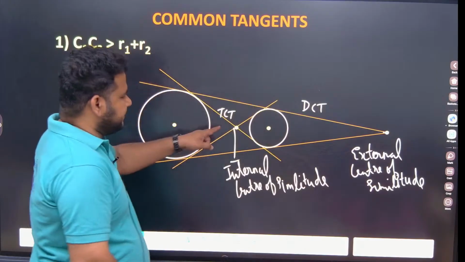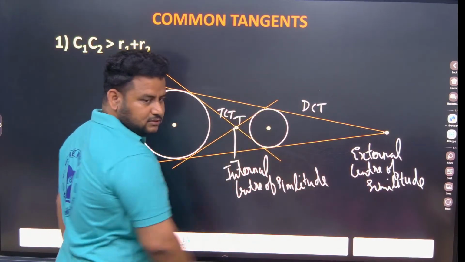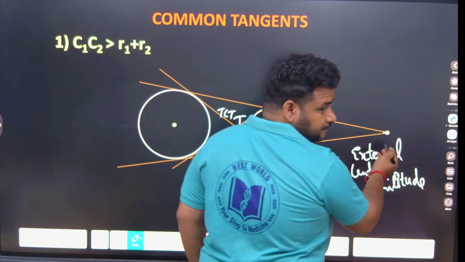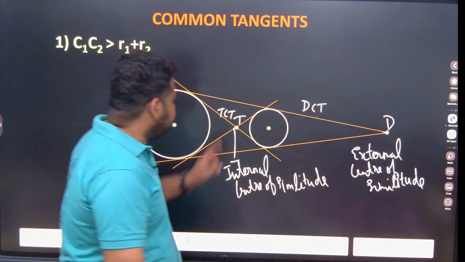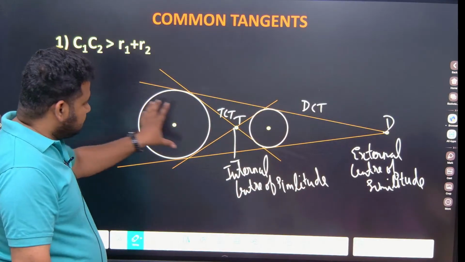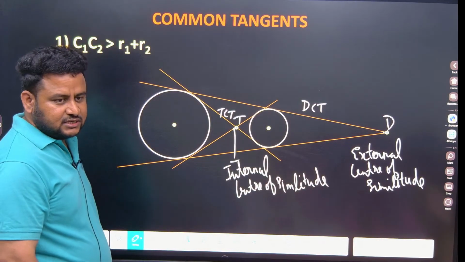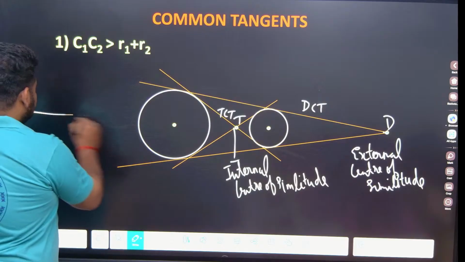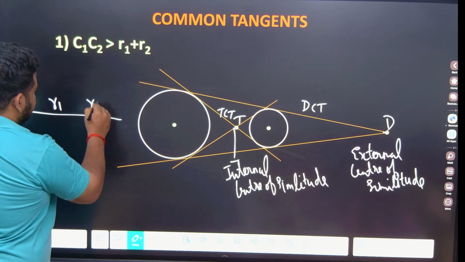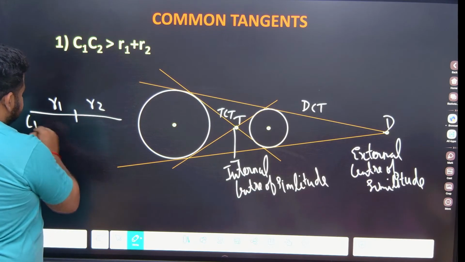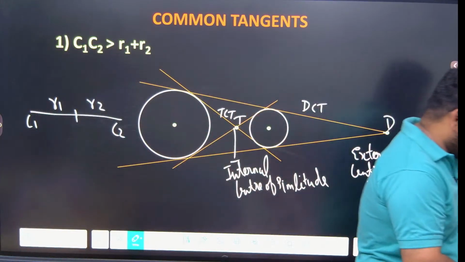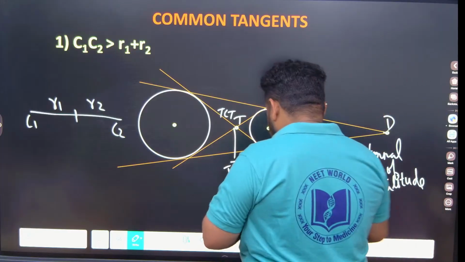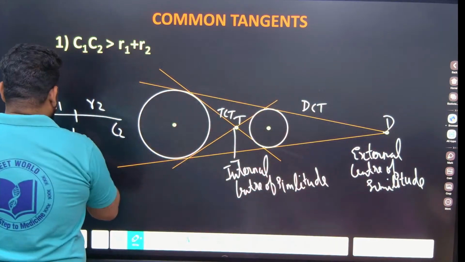Now suppose this point is taken as T, and this is taken as D. This point T divides the distance between the two centers C1, C2 in the ratio R1 is to R2.